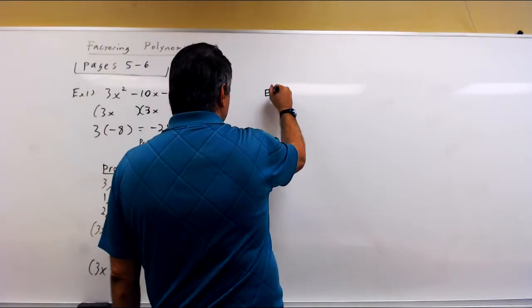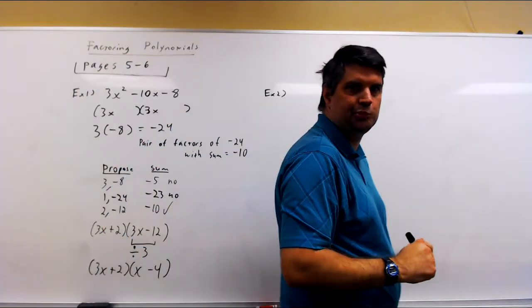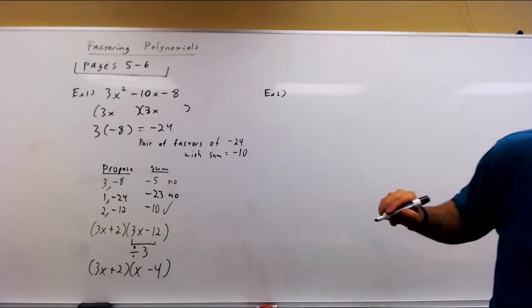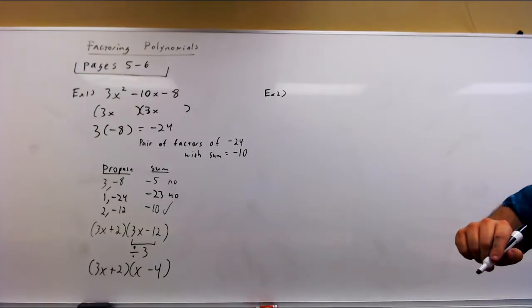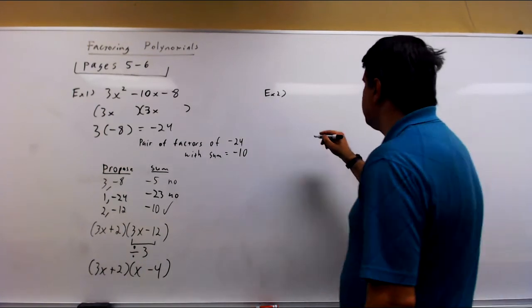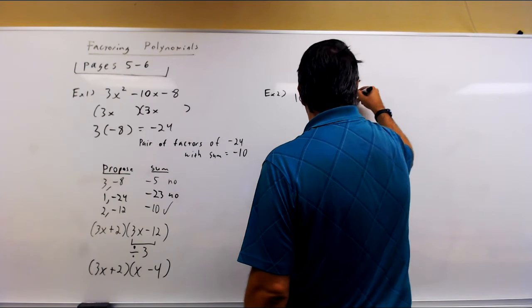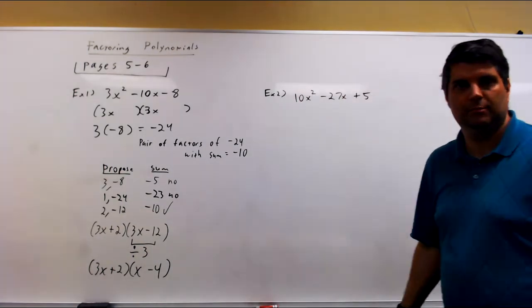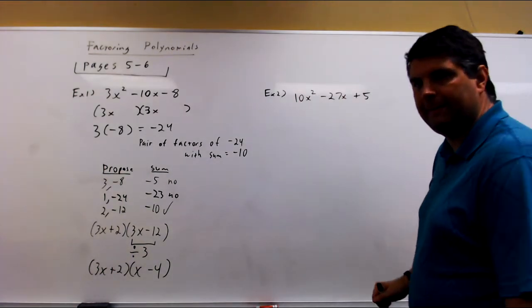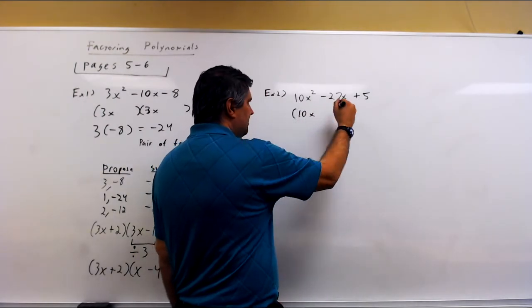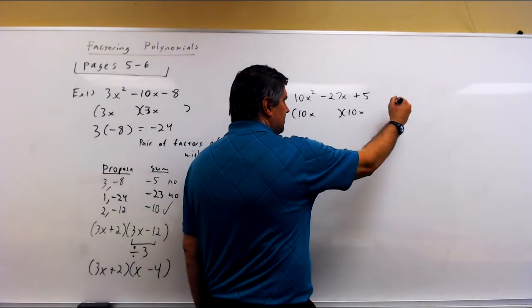Example 2. I had 10x squared minus 27x plus 5. So I will have 10x and 10x.